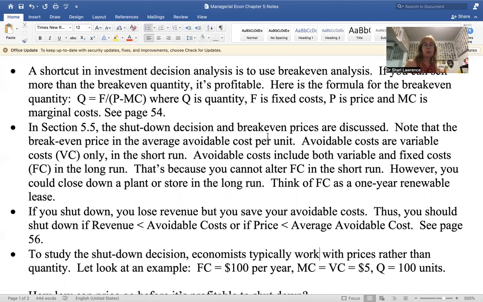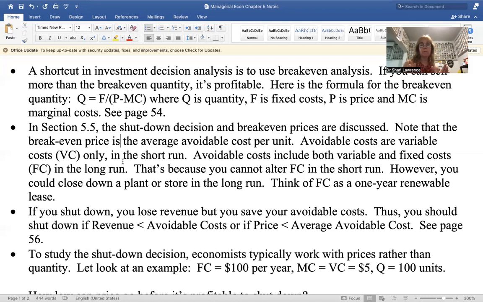Note that the break-even price is the average avoidable cost per unit. So what is avoidable cost per unit? It depends. In the short run, the avoidable costs are only the variable costs.